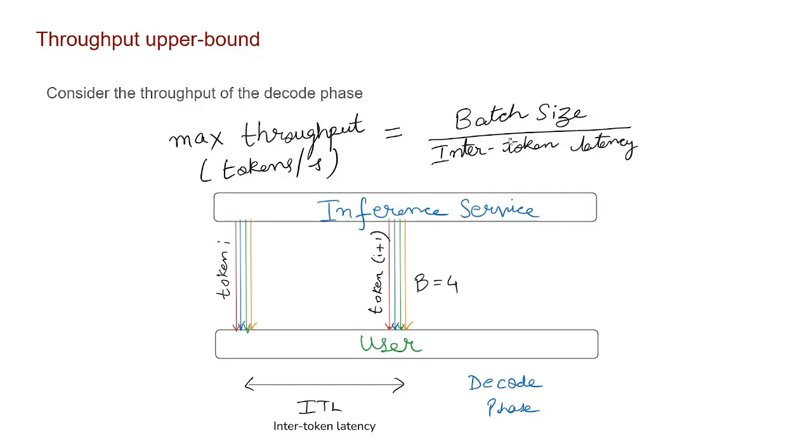It's batch size divided by inter-token latency. To see why batch size is in the numerator, consider that if B was 1, then the throughput would be 1 over inter-token latency. But let's say B is equal to 4, so at every step we are receiving 4 tokens after a period of inter-token latency. So we get 4 tokens together. So the throughput increases by a factor of B.